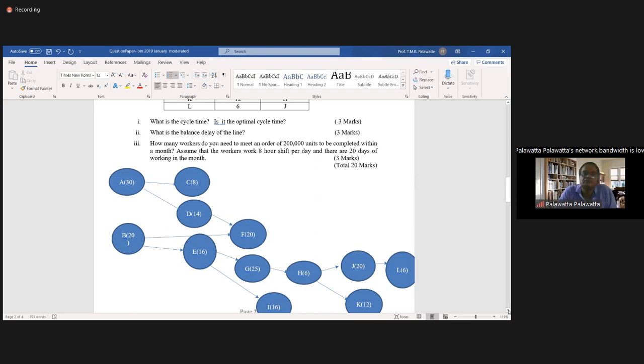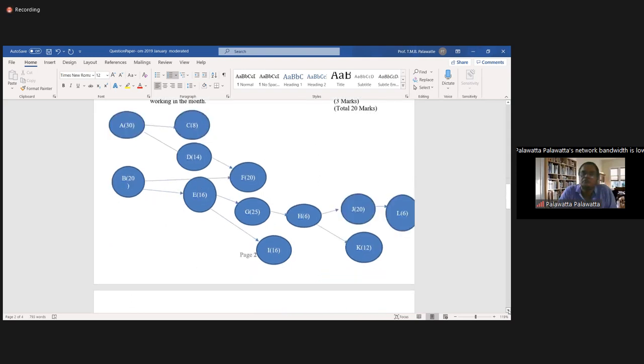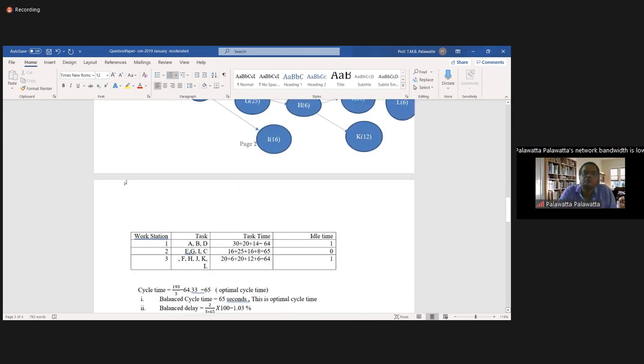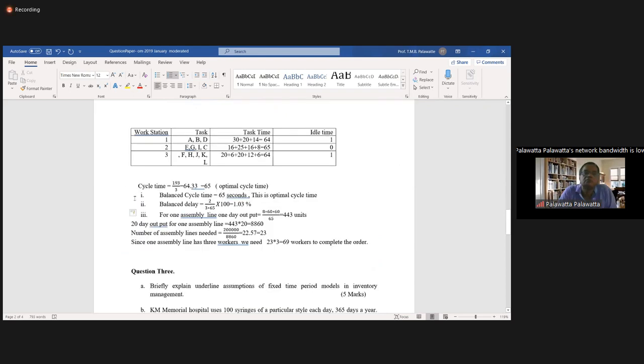So first thing is, we have to calculate 1 day output of the assembly line. In 1 day, you have 8 hours multiplied by 60 multiplied by 60 seconds. And cycle time is 65 seconds.